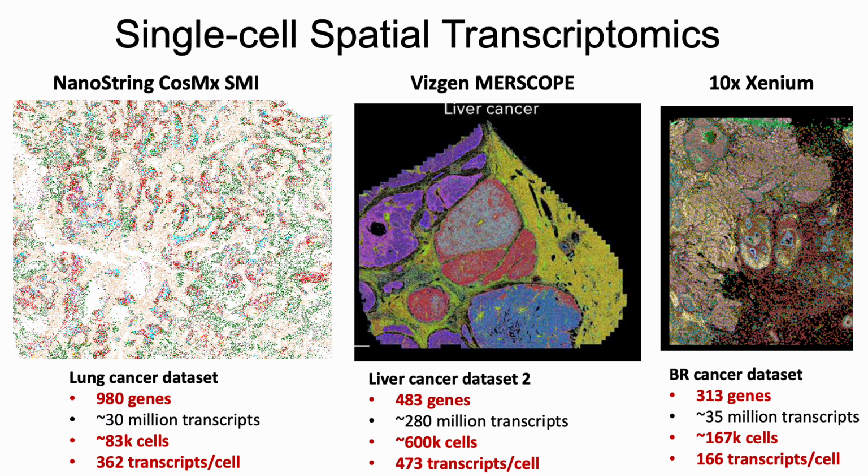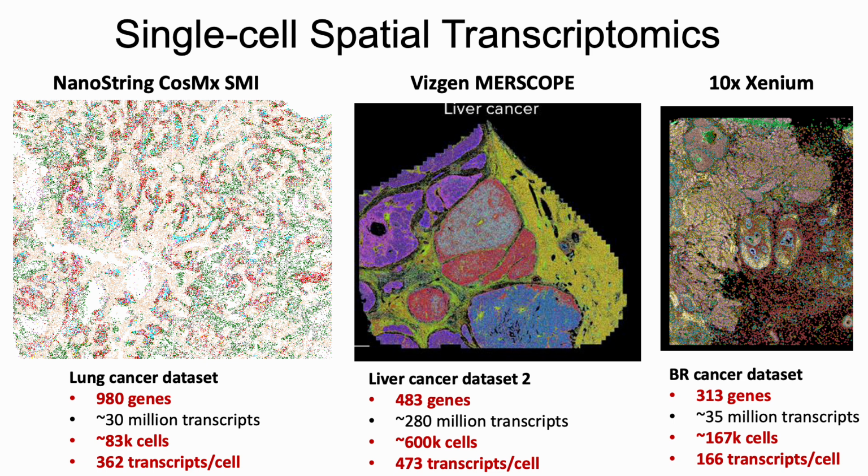Here are examples released by the different technologies. The left figure shows the spatial slice from NanoString. This is a lung cancer dataset that covers 980 genes. Totally on this tissue slice, there are about 83,000 cells. The middle slice is profiled by the MERSCOPE from a liver cancer tissue slice, and this dataset covers 483 genes.